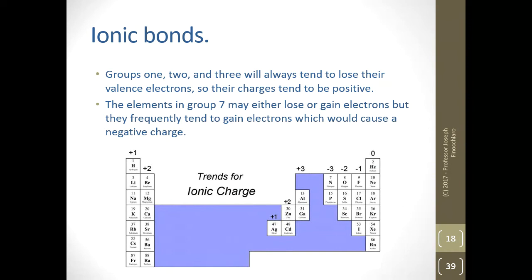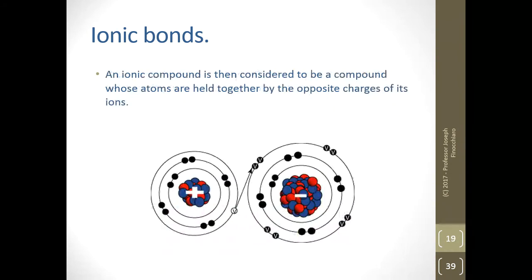Now you see a couple of exceptions there in the middle. Hey, it is what it is. But 1, 2, and 3 always tend to lose. Elements in group 7 may either gain or lose electrons, but they tend frequently to gain them, which causes them to have a negative charge. Okay?